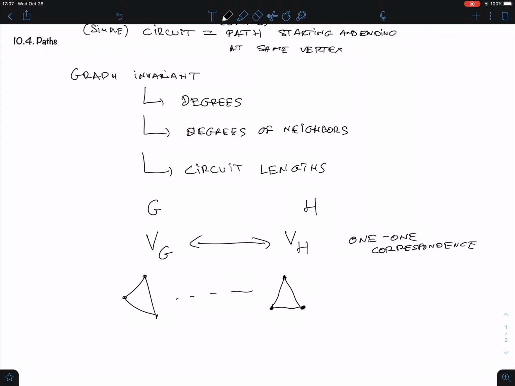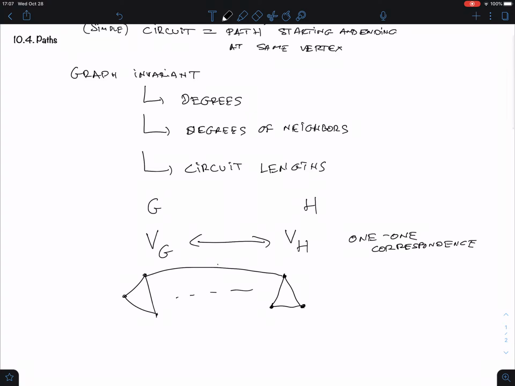I mean, remember, an isomorphism does many things, right? If this corresponds to there and this corresponds to there, then if there is an arrow here, there must be an arrow there. Sorry, I shouldn't have used that word.